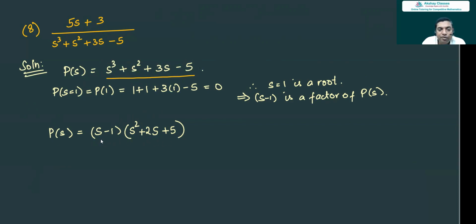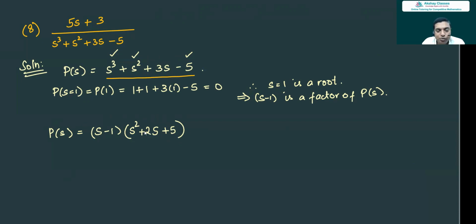So now I have to check whether this is correct. So we have equated this coefficient, we have equated this coefficient, then we equated this coefficient. So to test whether this is right, we have to check whether coefficient of s is 3. So 5 into s is 5s, and 2s into minus 1 is minus 2s.